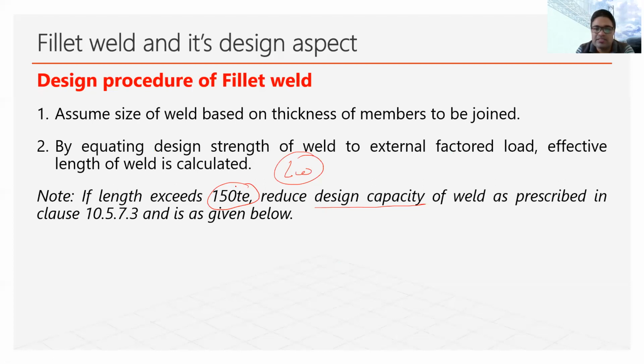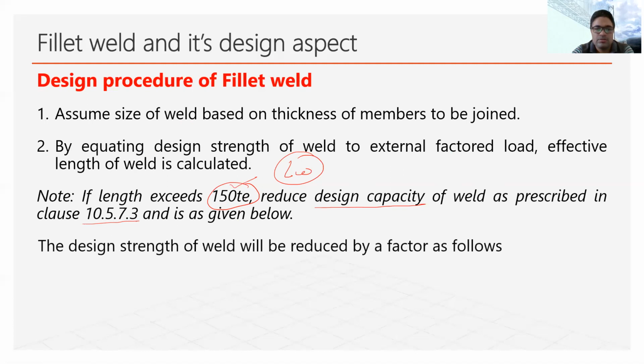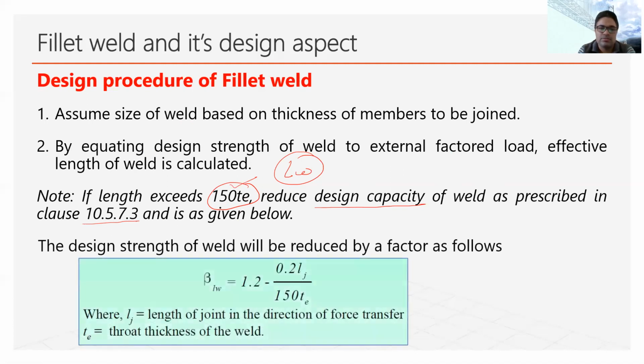So here it says if the length of weld is more than 150 times the throat thickness, then we have to reduce our strength of weld by using a factor, and that factor is given in this clause. This is the factor beta Lw.